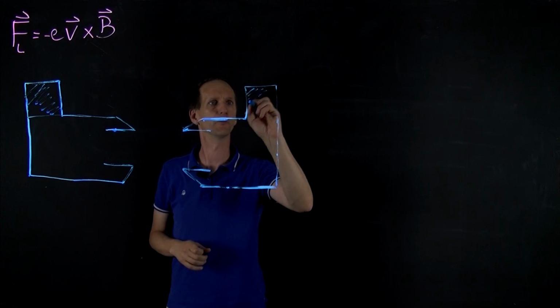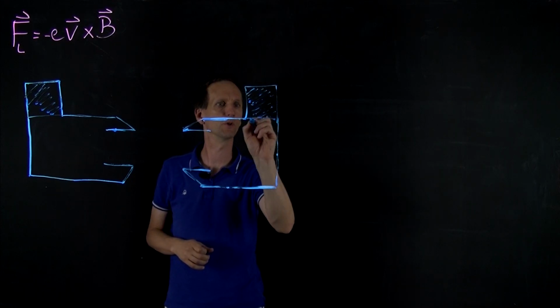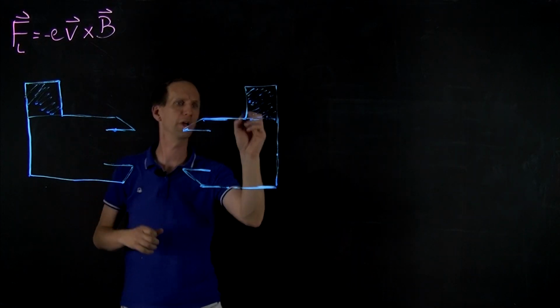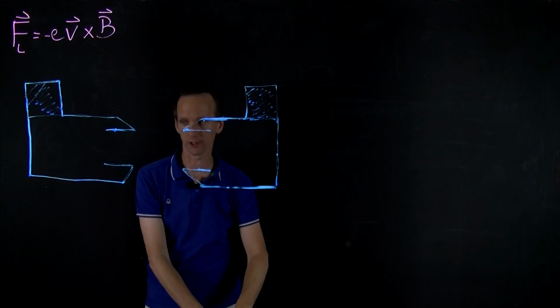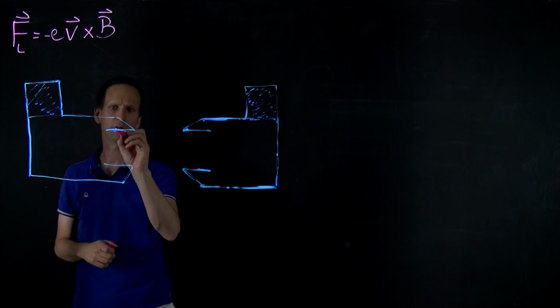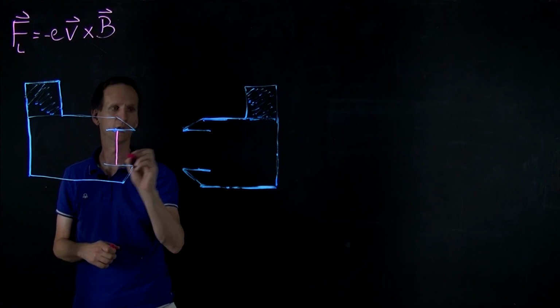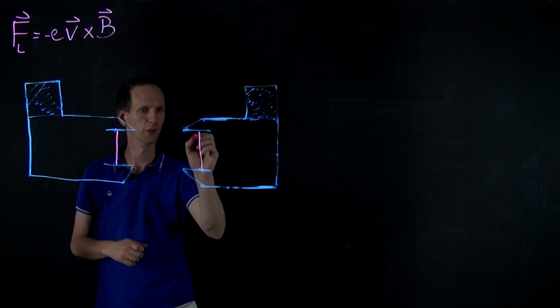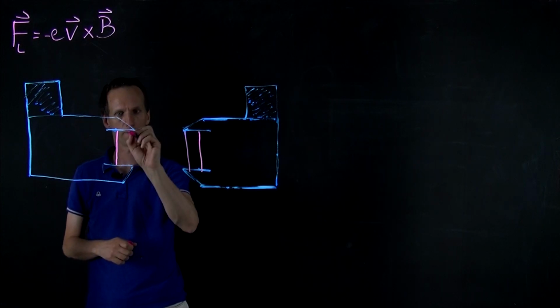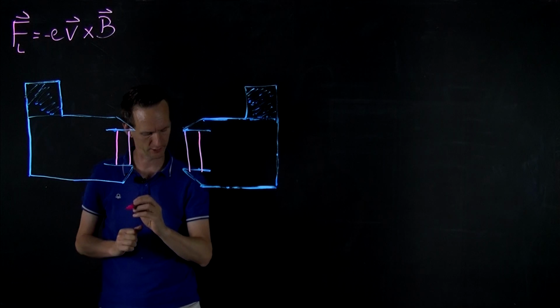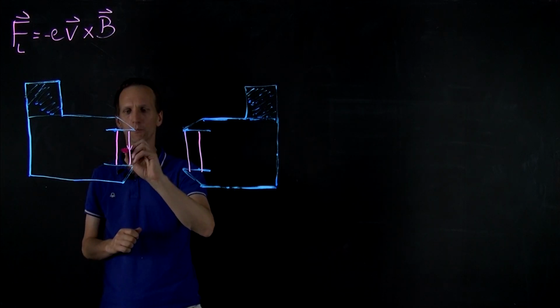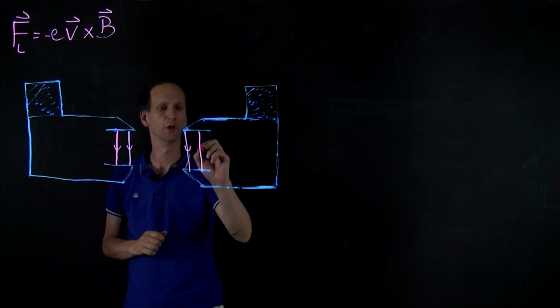So here we have our copper wires around the magnetic material, and all this material gets magnetized so that in the end we have a magnetic field in between these two pole shoes. In this case, say the magnetic field points in a downward direction.